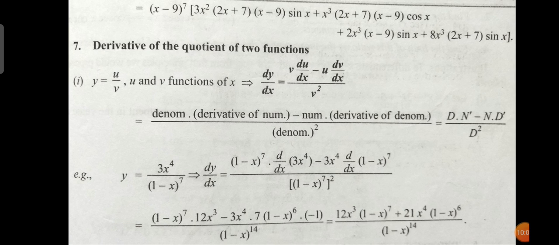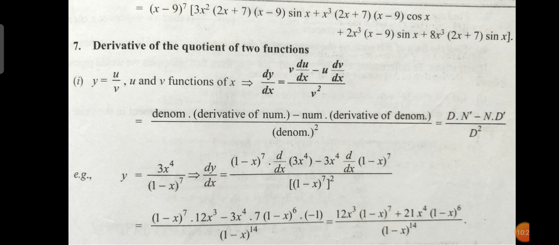Okay, and the next is the derivative of the quotient of two functions, the quotient formula. y = u/v. This has always been studied in the previous class. dy/dx = [v into du/dx minus u into dv/dx] the whole divided by v square.